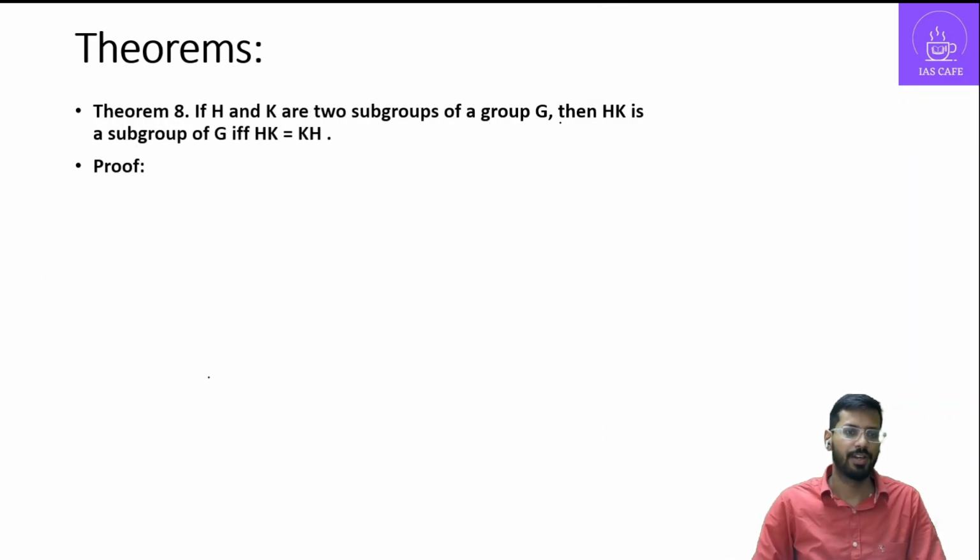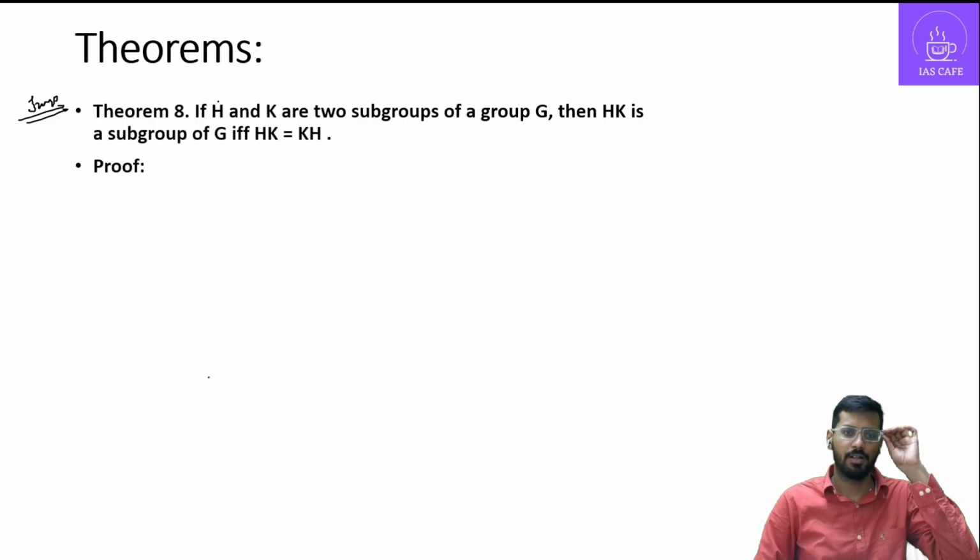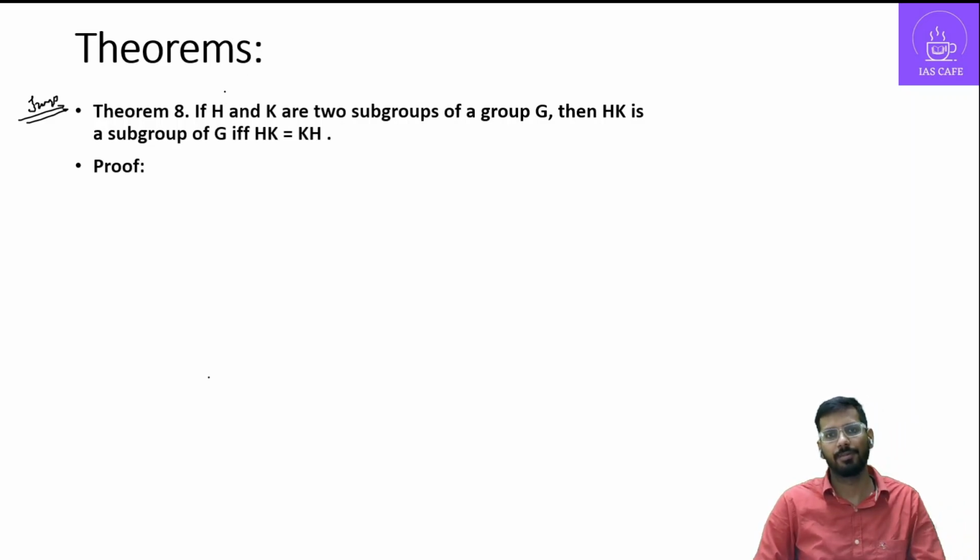Next is a very good example. This is important and good. So here H and K are two subgroups of a group G. That means H and K are subgroups of some group G. Now HK is a subgroup of G if and only if HK is equal to KH.